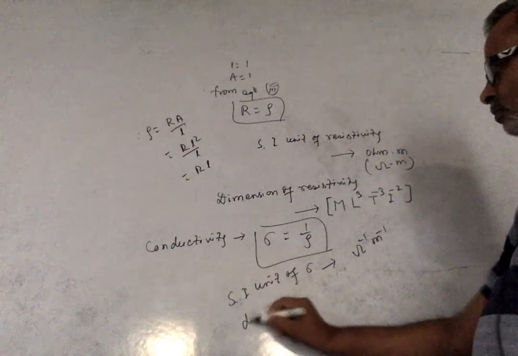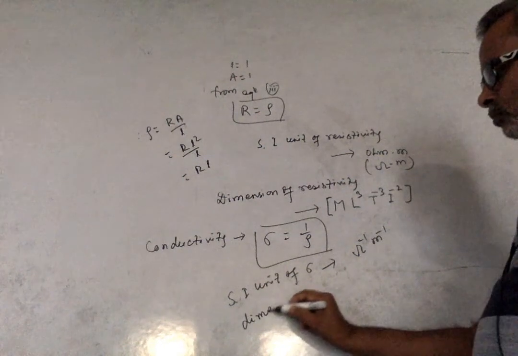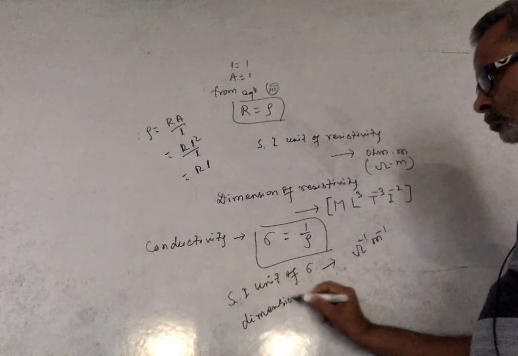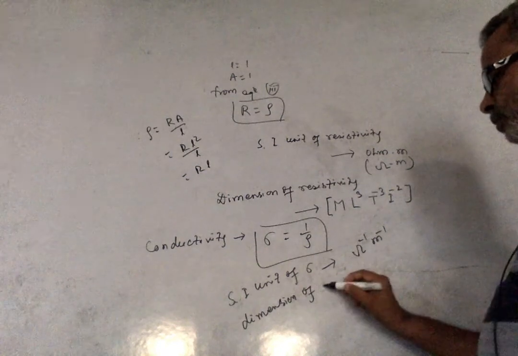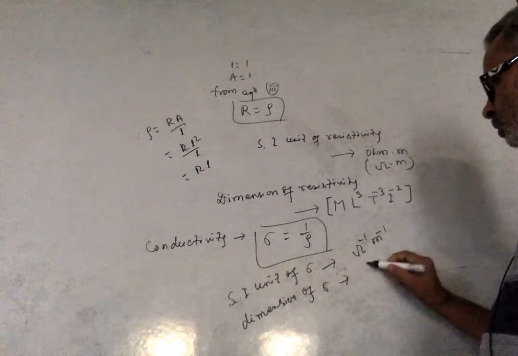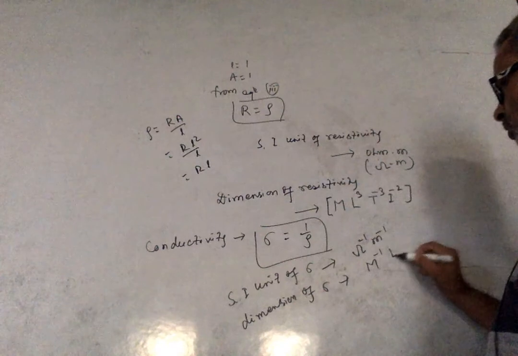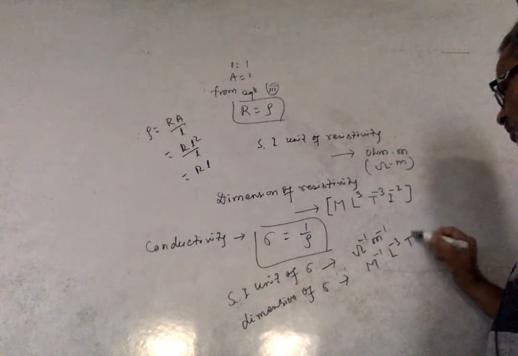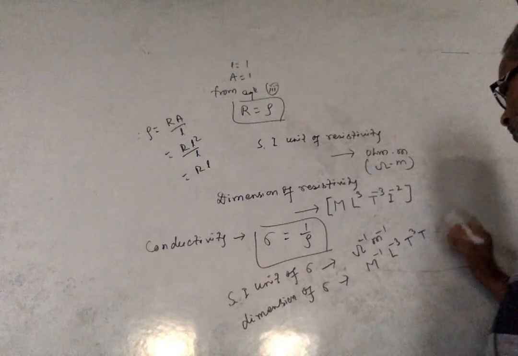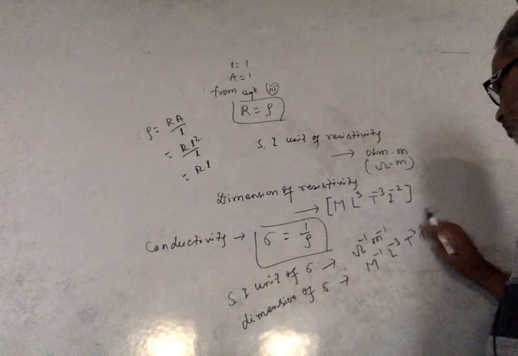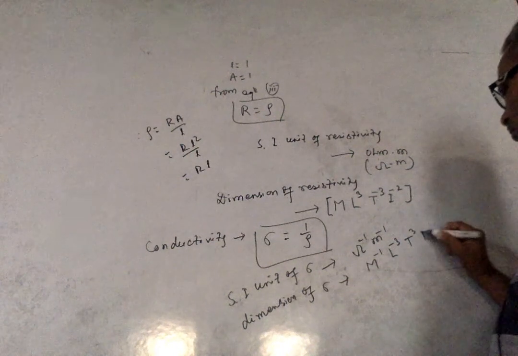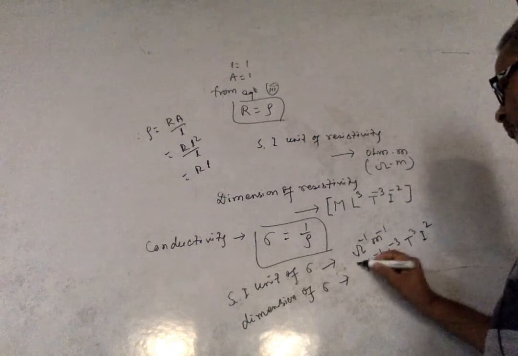Dimension of sigma: M minus 1, L minus 3, T3, I2.